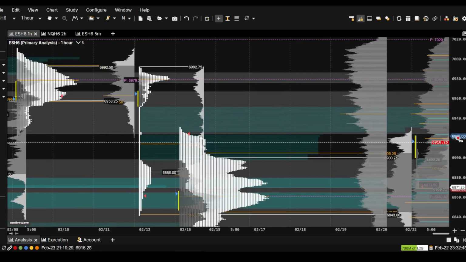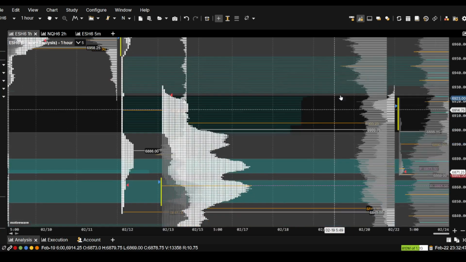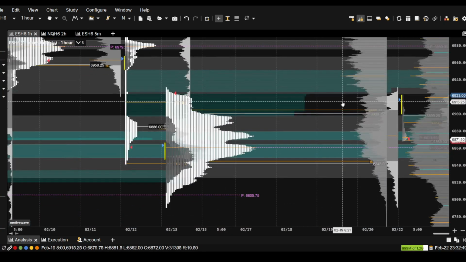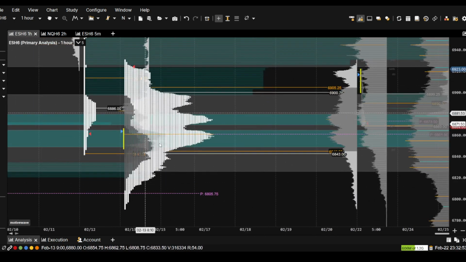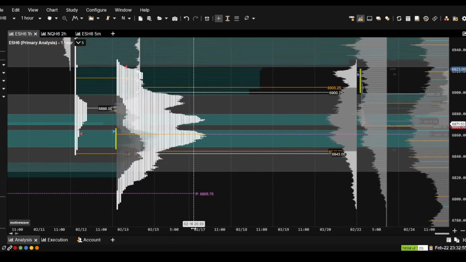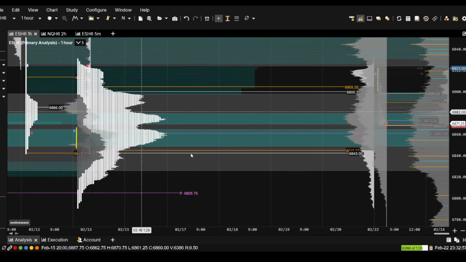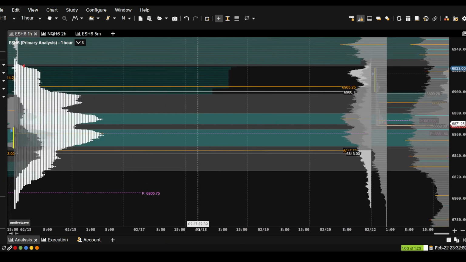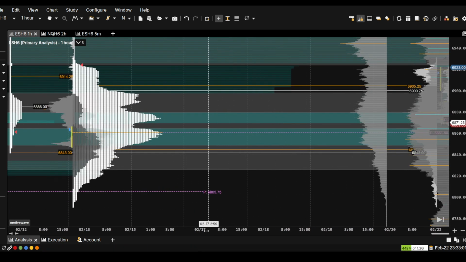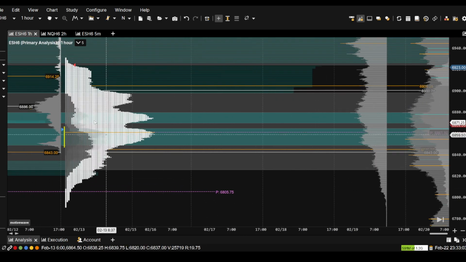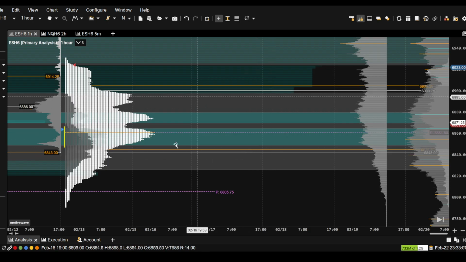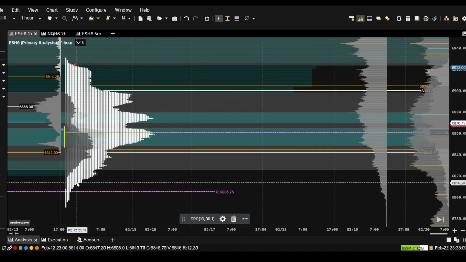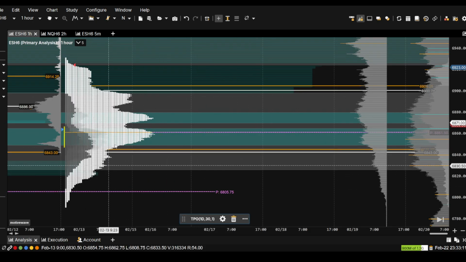So I wanna see higher prices because of what? This is a composite time price opportunity chart, or market profile. I did that because of all the accumulation or consolidation range that we had the previous week.